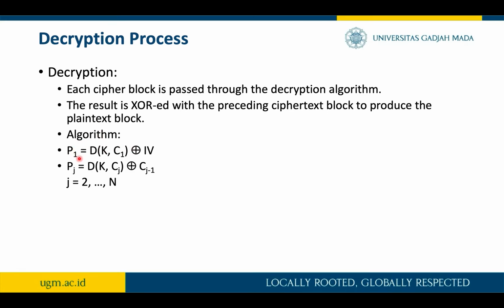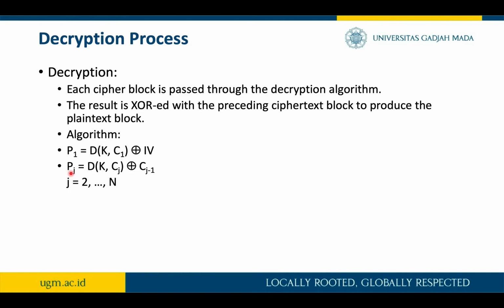For P1, we need to decrypt first the first ciphertext block using the key K. Then it needs to be XORed with the initial vector. That's why the receiver must also know what the initial vector is.